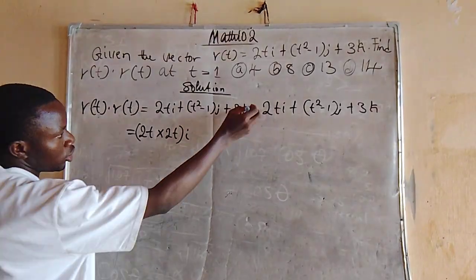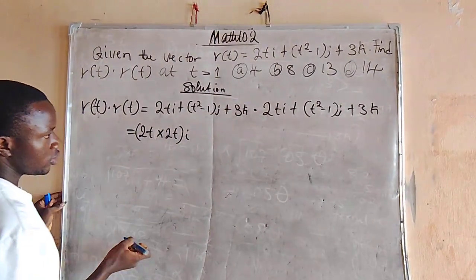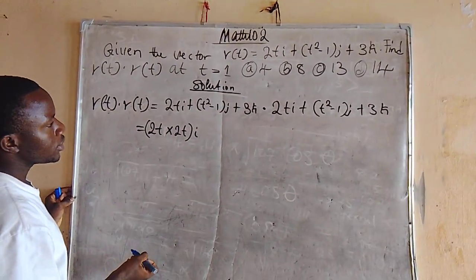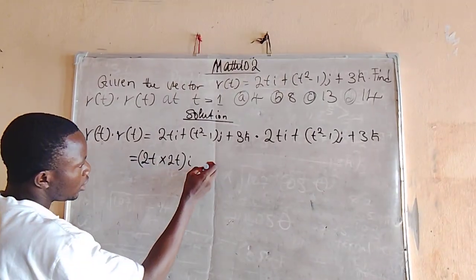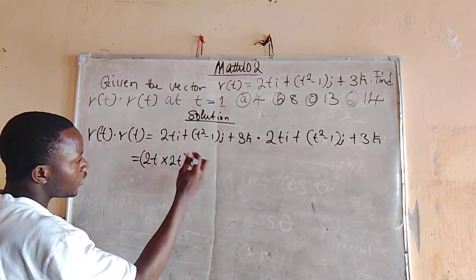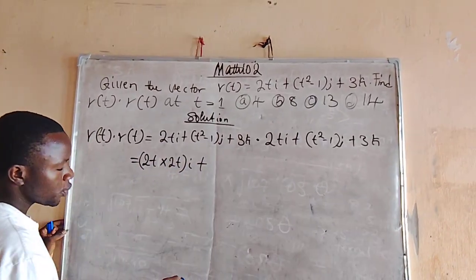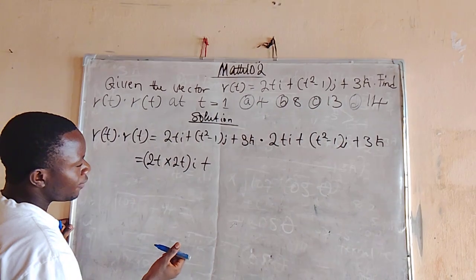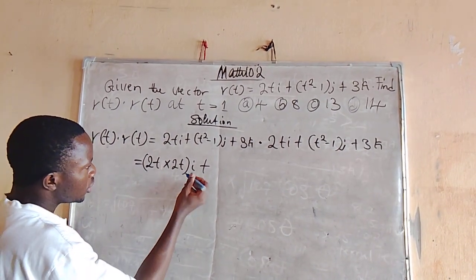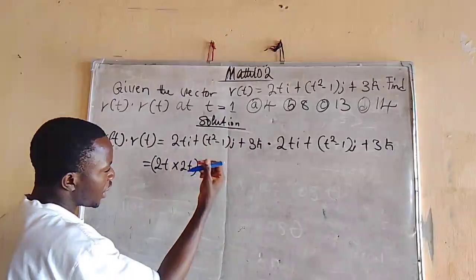Is that taken? Because these dots mean multiplication. Now we have the j component. Before that, we have the plus sign here, so we bring it down.